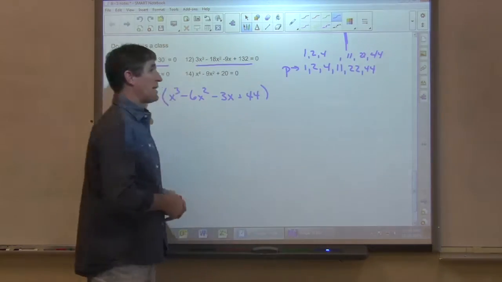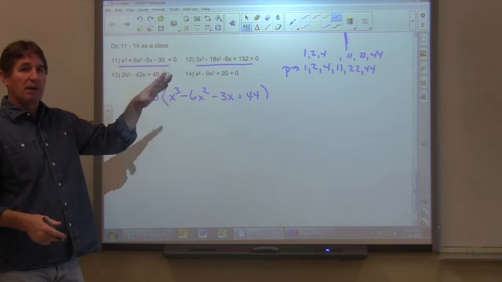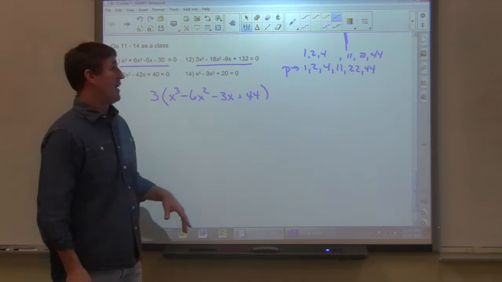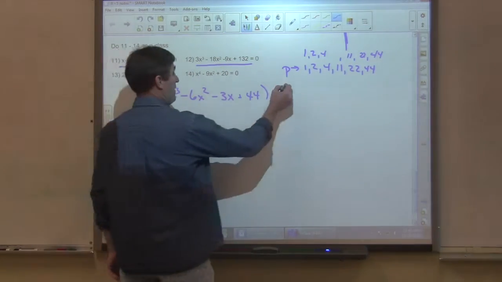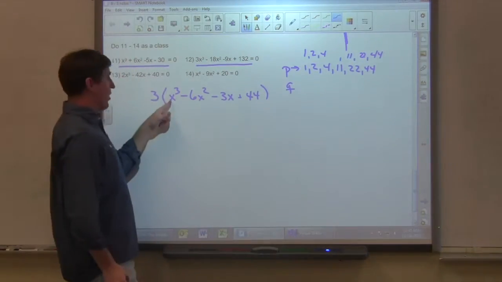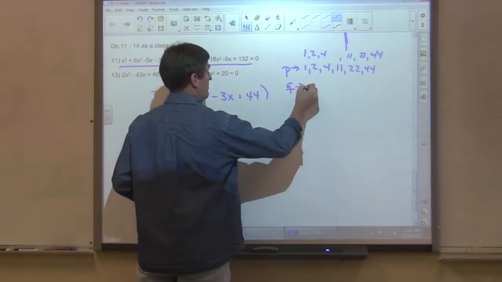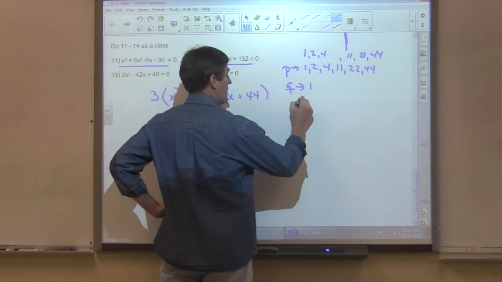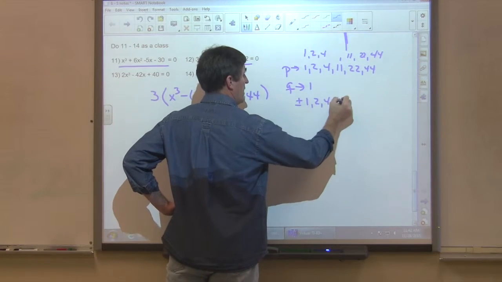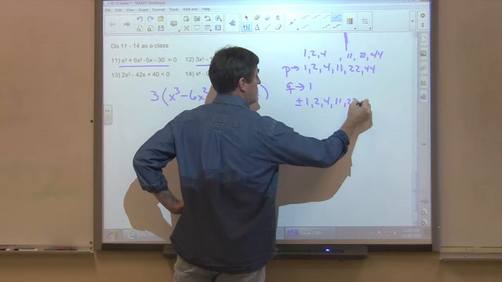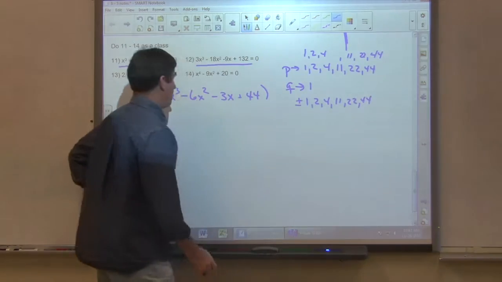You might end up with some space in between, but you get the factors by doing the combinations. It's just kind of helpful to have them in order. So again, we found that the factors of q are 1. So our possibilities are plus or minus 1, 2, 4, 11, 22, and 44.